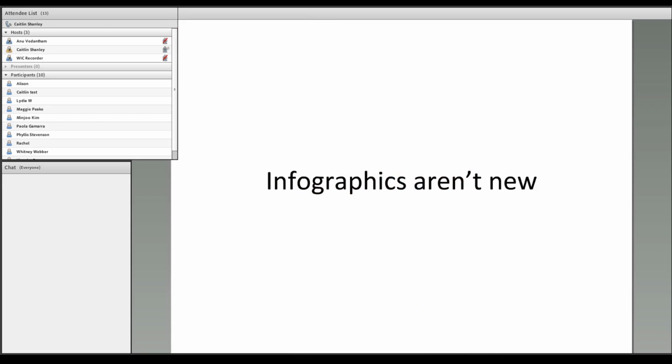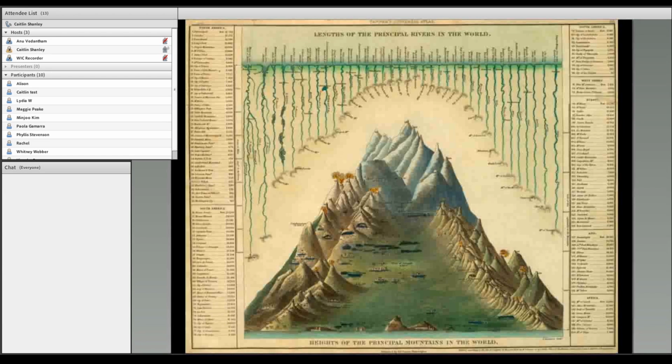So we hear a lot about infographics. They're sort of trendy right now, but it's kind of interesting. If you look back, you can see that the idea of representing information in a graphical form is not exactly a new thing, and we found a couple of pretty cool older examples. This is a lithograph from 1846, and it's kind of graphing the height of the tallest mountains in the world and then the lengths of the longest rivers and putting those two together.